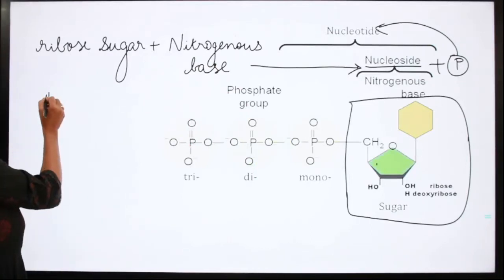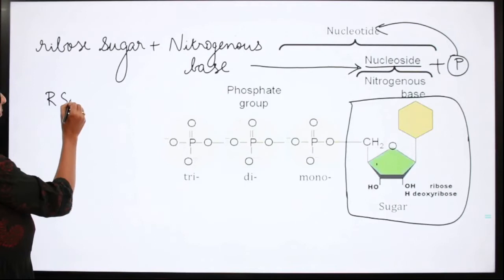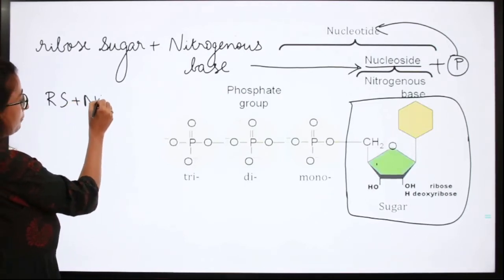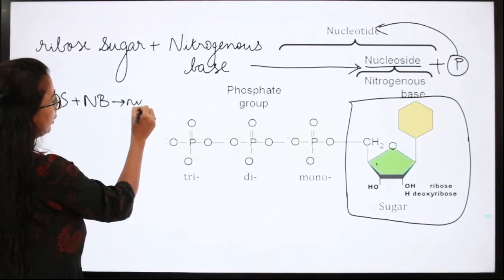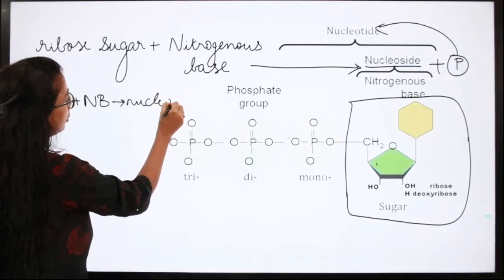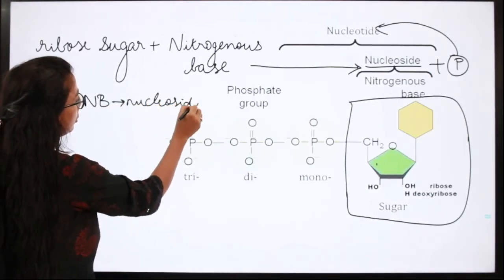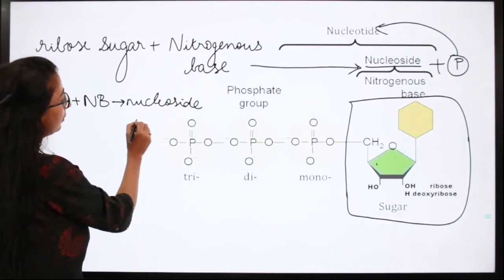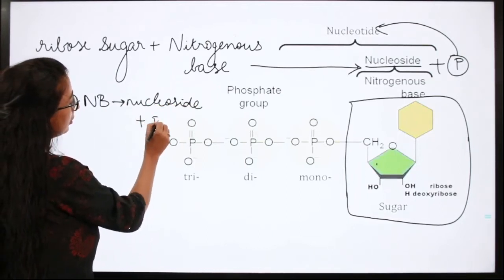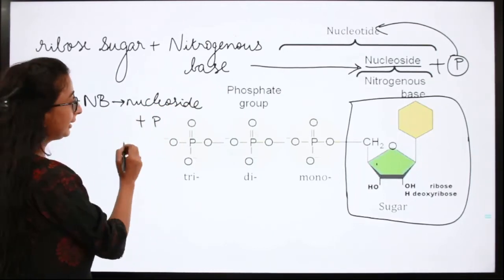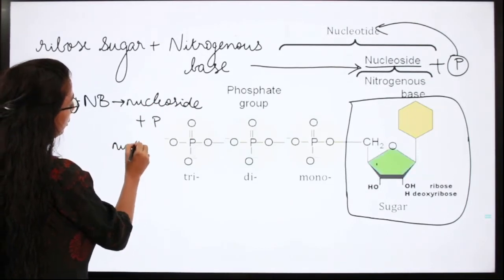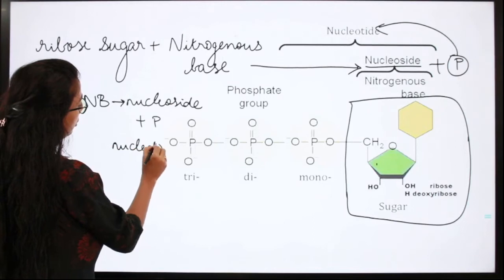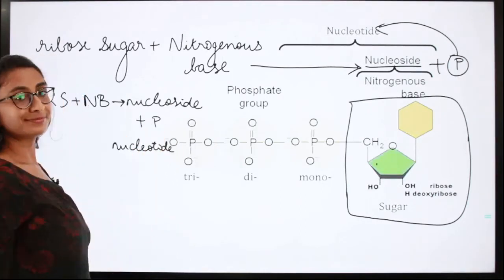The ribose sugar plus nitrogenous base gives a nucleoside. And nucleoside plus the phosphate group gives the nucleotide. Okay.